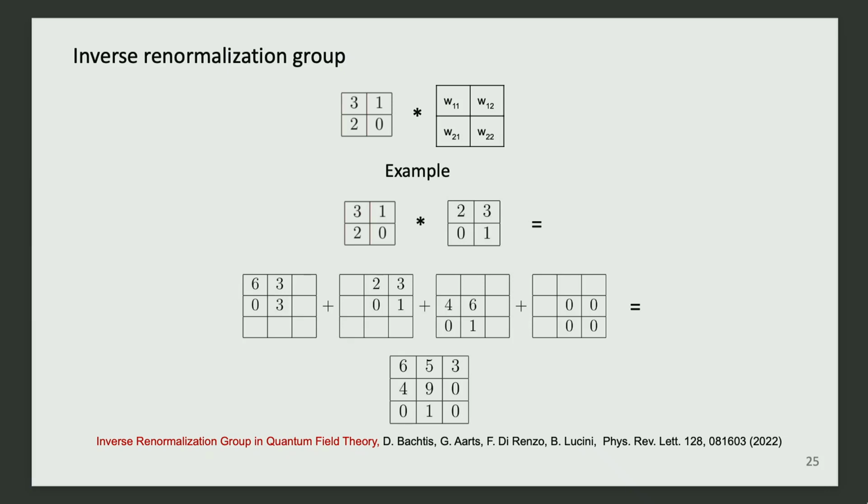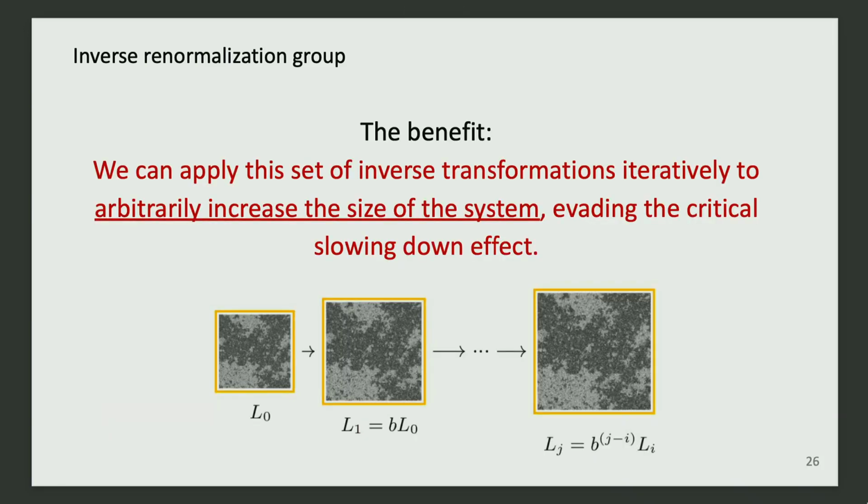We can apply 100. And at the same time, we can also supplement this with nonlinear functions to increase the expressivity of the machine learning algorithm. And the benefit in principle, which I'm going to discuss, is that they don't depend on the lattice size. We can apply them as many times as we want while evading the critical slowing down effect.